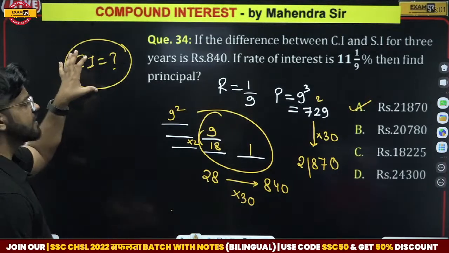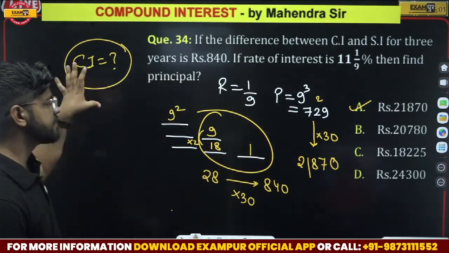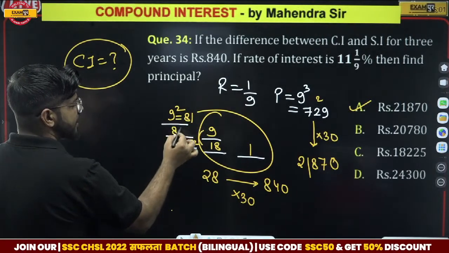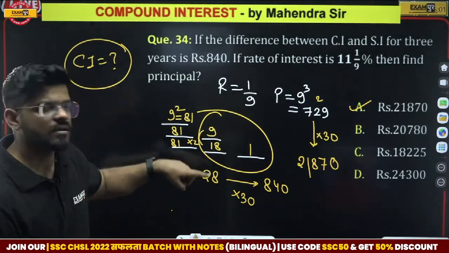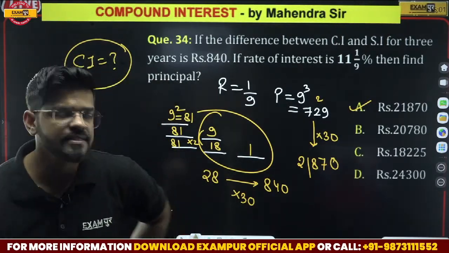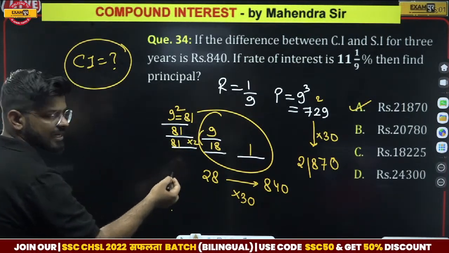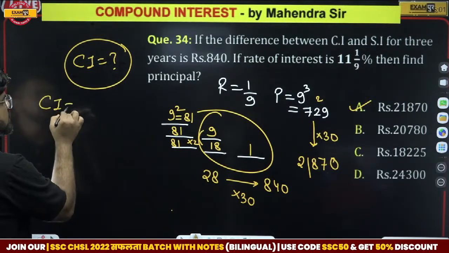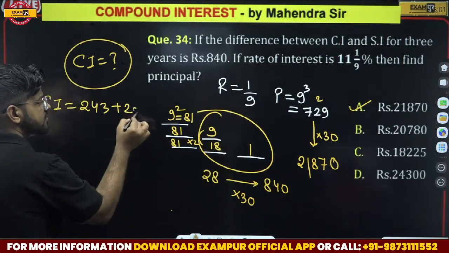Okay. Now tell me the CI. The same data is there. Calculate the CI. You know that here is 9 squared, that means 81. Here is also 81. Here is also 81. And calculating the whole slab will give you the CI. Sam is saying 8130. Let me calculate. 81 threes are 243. 243 plus 28 we already have.